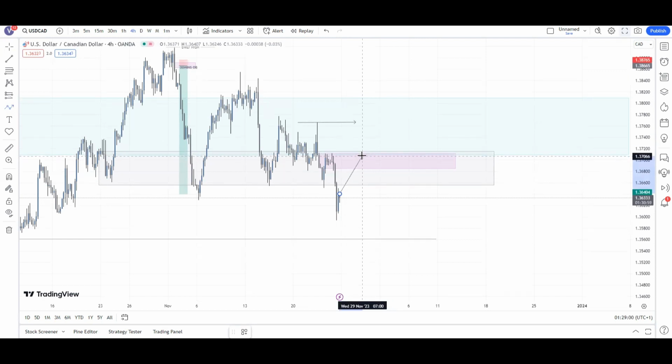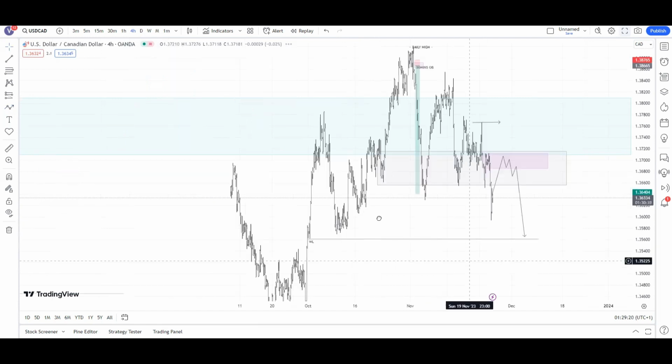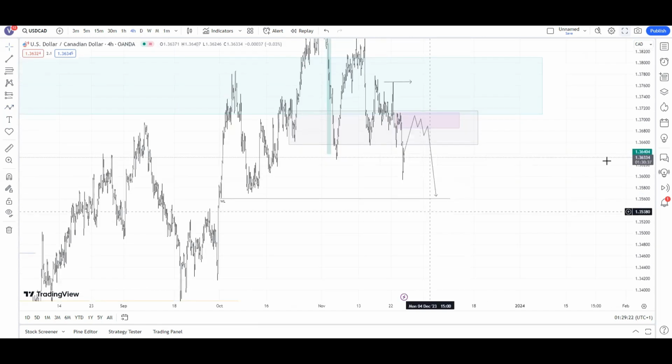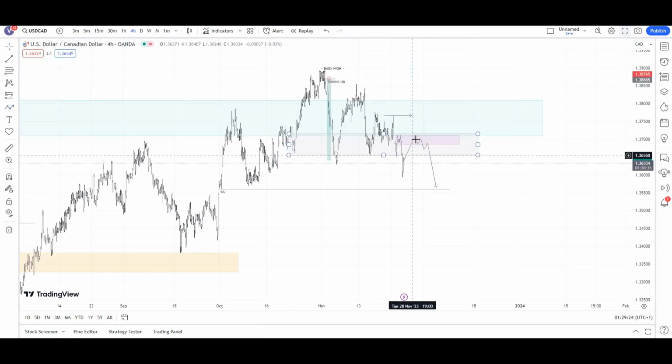Let's see around this region. I want to see price get into this region and start rejecting, then push to the downside. Now at this point, I want to start selling. Then maybe I'll be looking to start buying around this region. But for now, I want price to come into this zone and sell off, right?